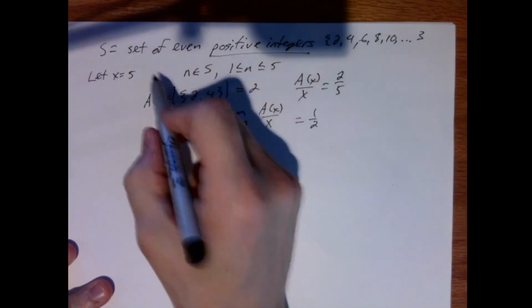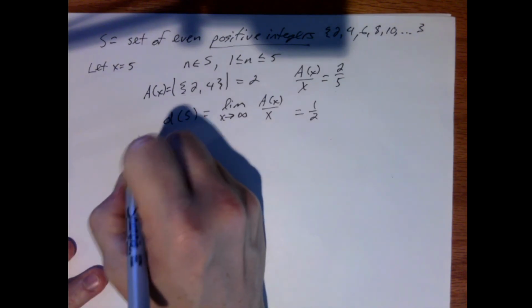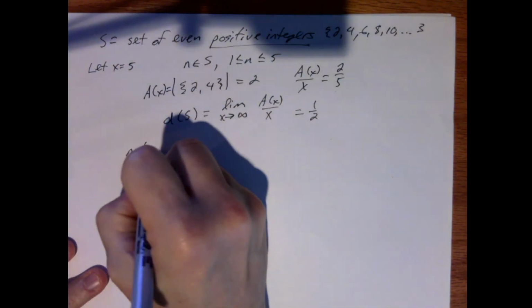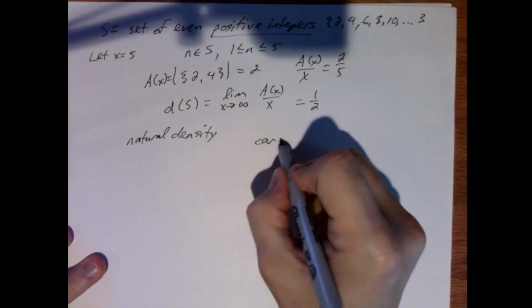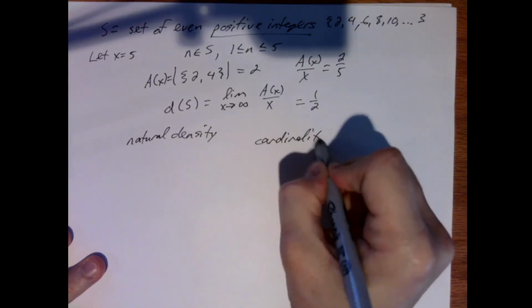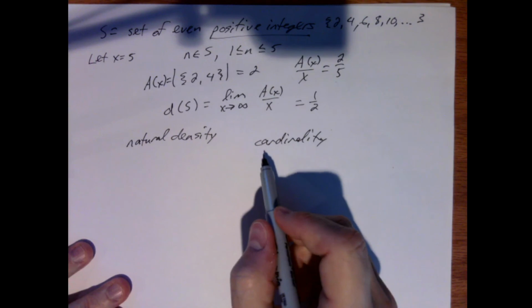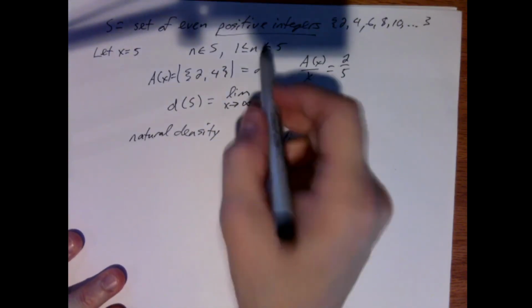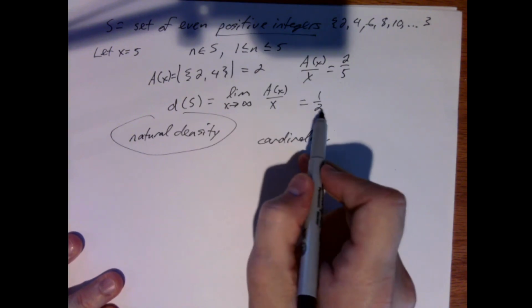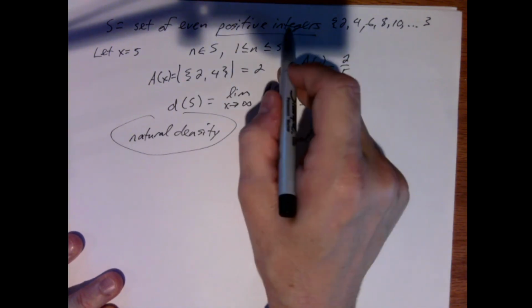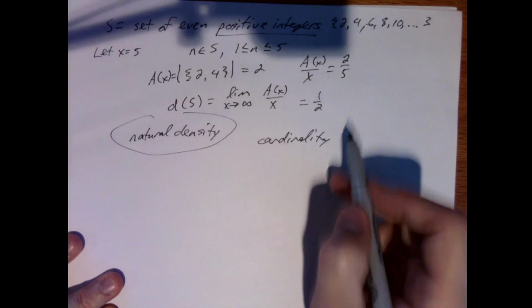But that's in terms of this definition, that is the natural density of the set of numbers, not the cardinality. They each have their place, and there are lots of different ways you can define sizes, but this is one way of doing it, which is closer to what you might think, that there are half as many of these even positive integers as total positive integers.